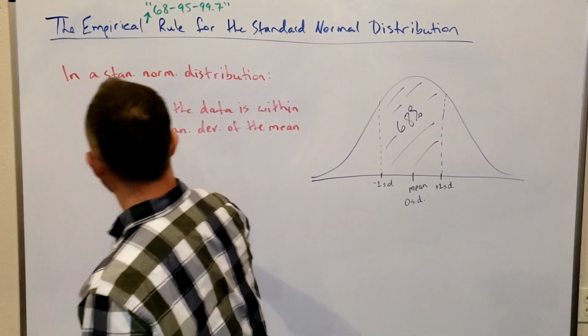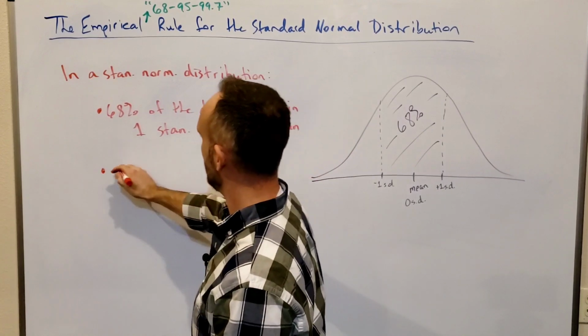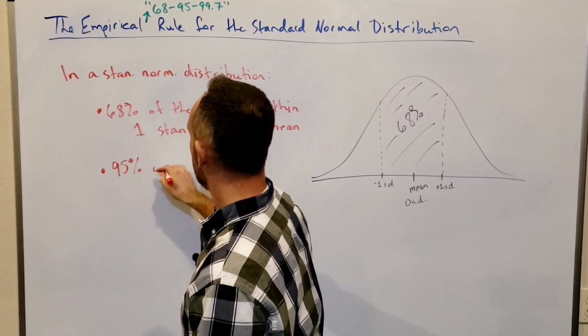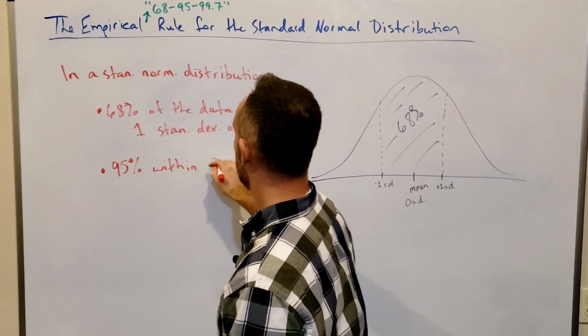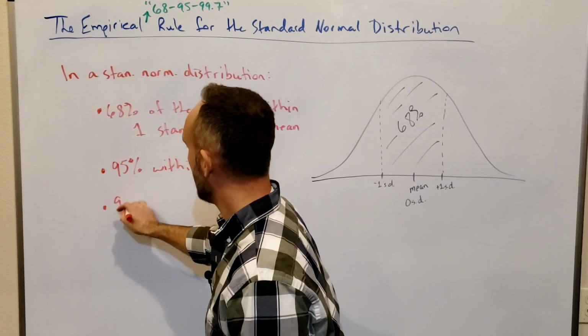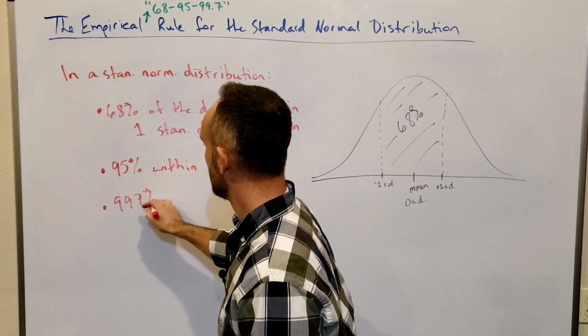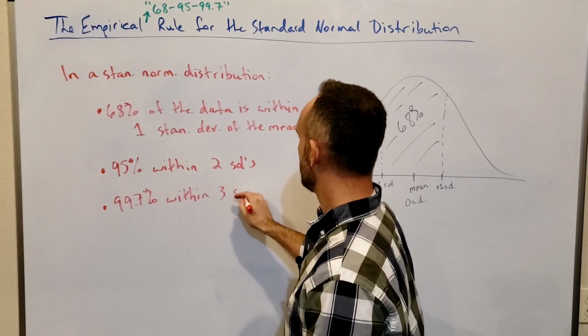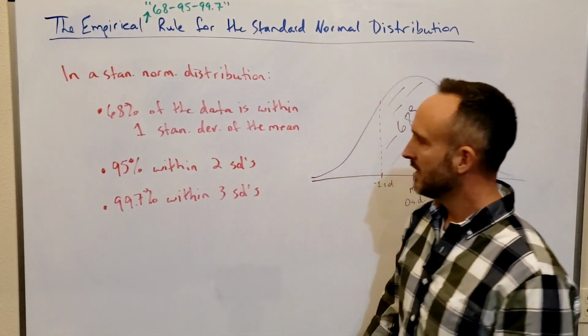It means that 68% is within one standard deviation, 95% within 2 standard deviations, and finally 99.7% within 3 standard deviations.